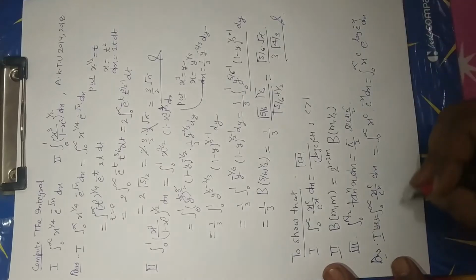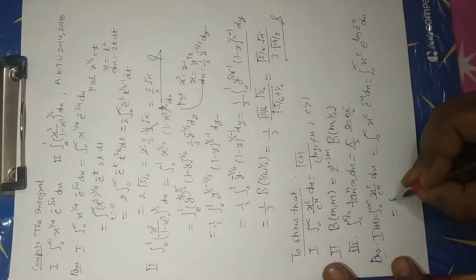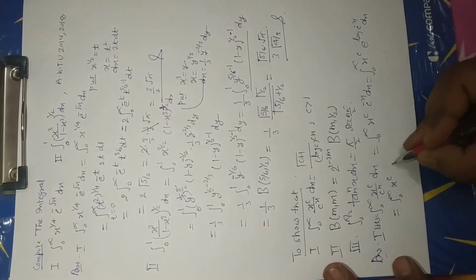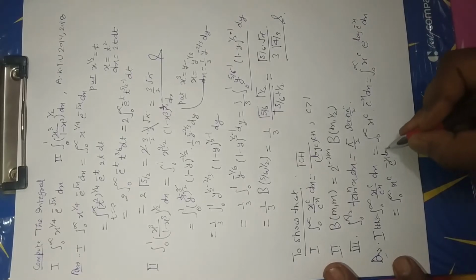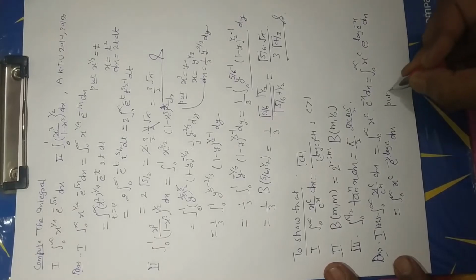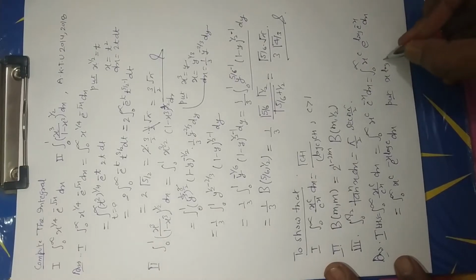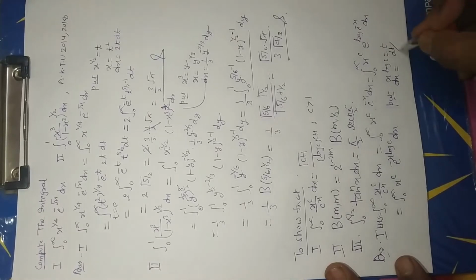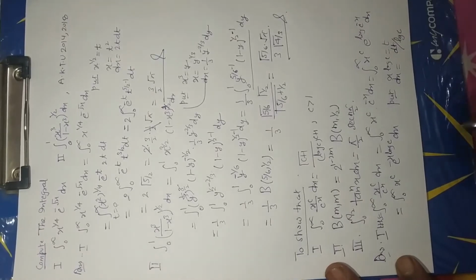Now we can write the integral, limit 0 to infinity, x to the power c e to the power minus x log c dx. Now put x log c equal to t, dx equal to dt upon log c.